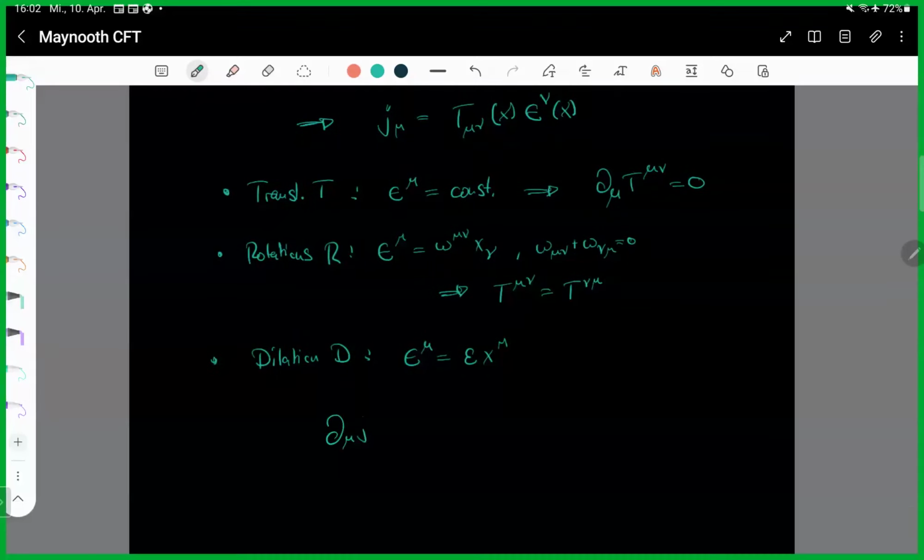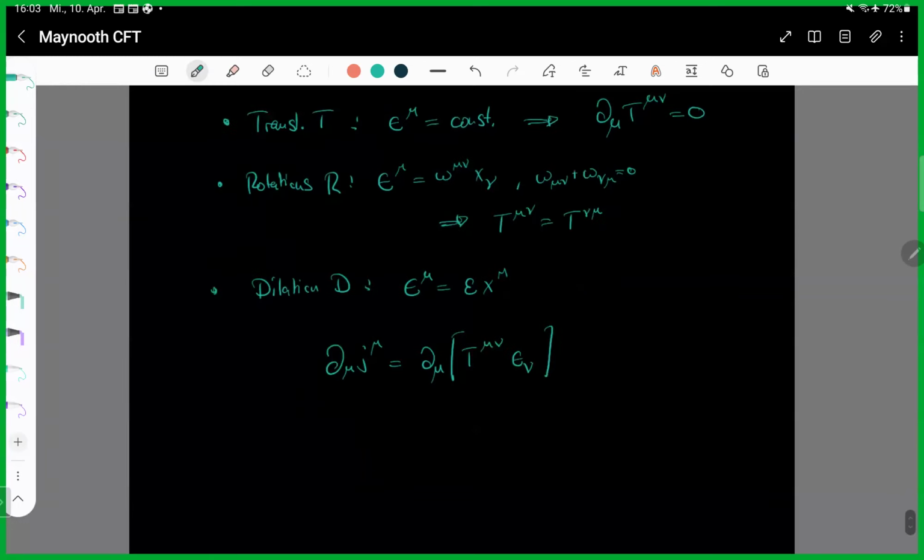We demand del mu j mu, and now that's del mu T. Oops, I need to watch out a bit. Hold on, del mu, T mu nu, and then epsilon nu. Let's just do it step by step.